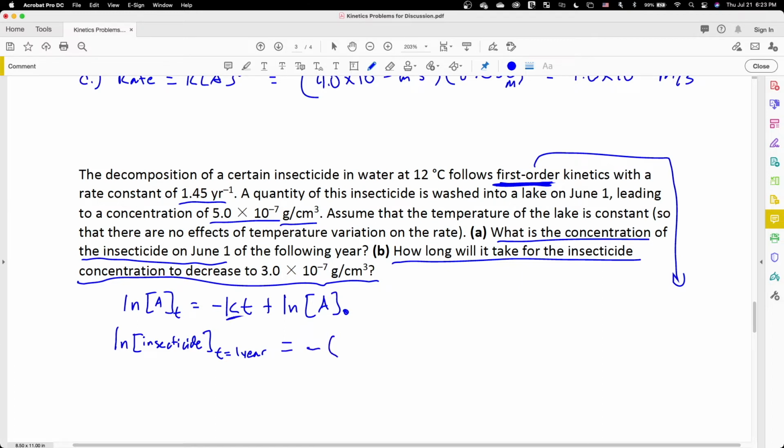The k right here is given to you at 1.45 per year. That is multiplied by the duration, or the time, the t. It's telling you here for the following year, so that's 1 year. And that's then added to the natural log of the initial concentration, which is given to you right here.